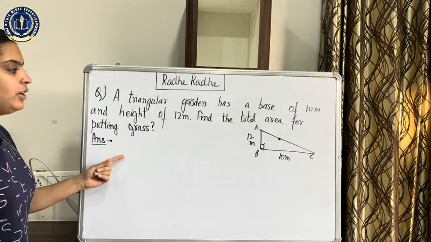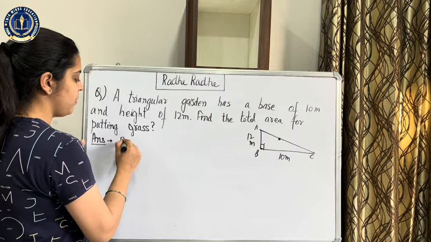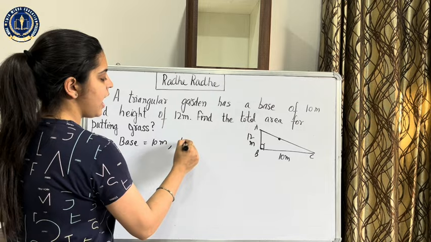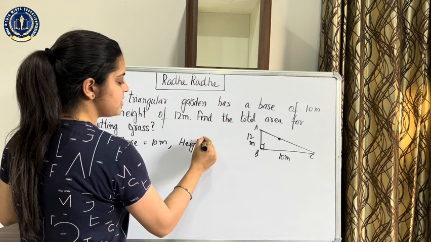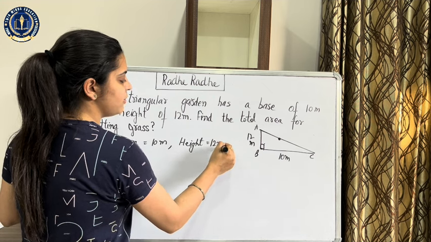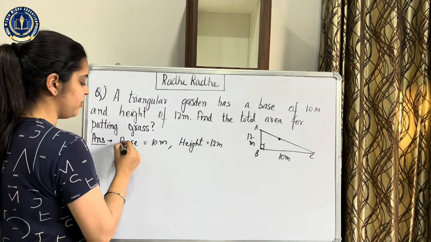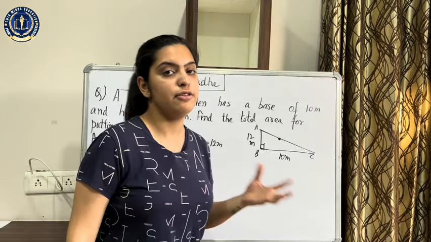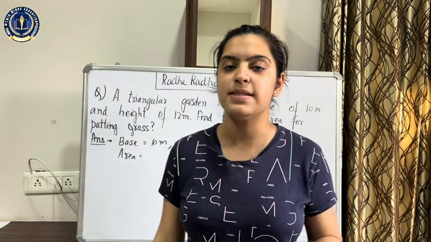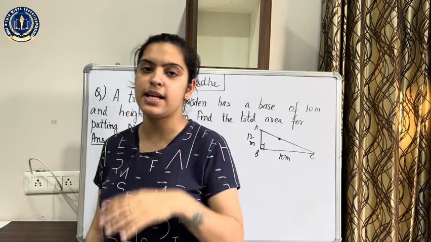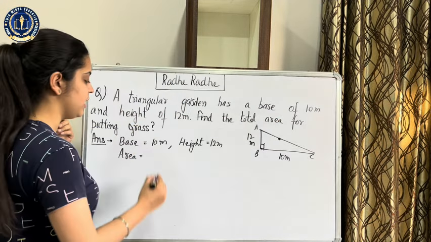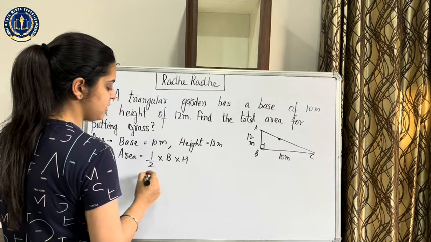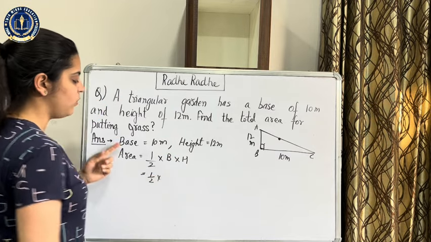Now, first of all, we will write base equals 10 meters, and height is also given to us, that is 12 meters. Now coming to area. What is area? We have already done the formula of area. Area is basically half base times height. Tell me what's the base?